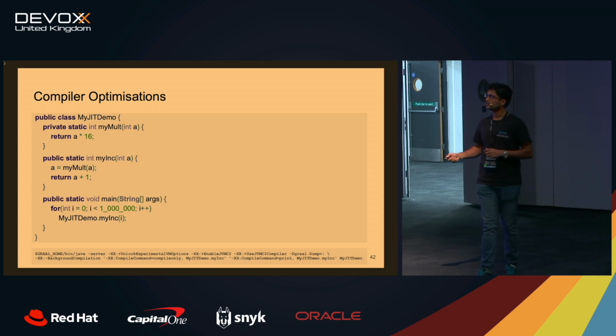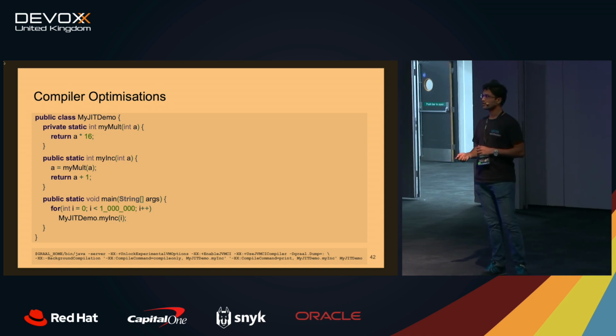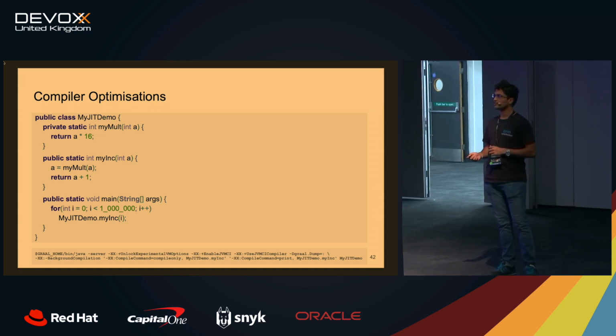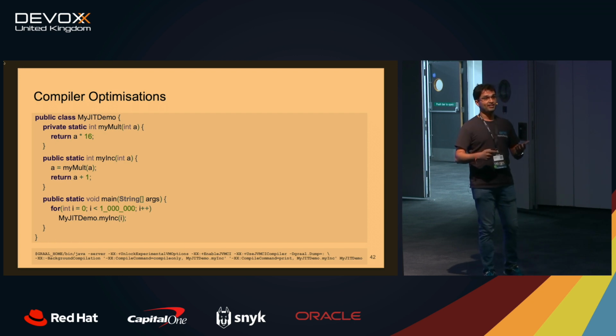So this is a slightly modified version of our myTest.java. We have the main method. We are calling the myIncrement method 1,000,000 times because we want it to be JIT compiled. And remember, as soon as it hits the invocation count, like 2,000 or 15,000, it submits a request. But in the meantime, the code is executing.